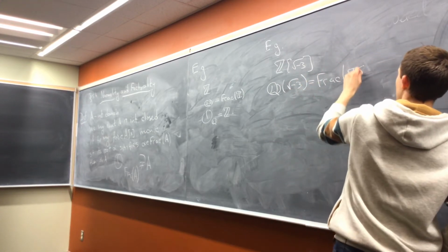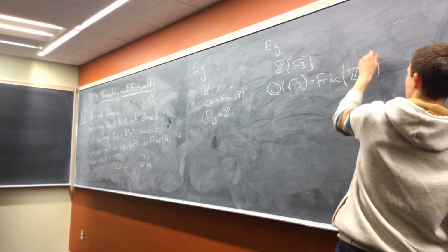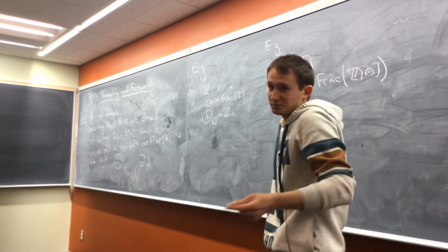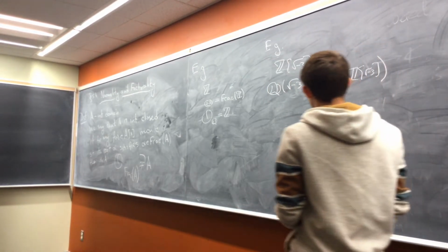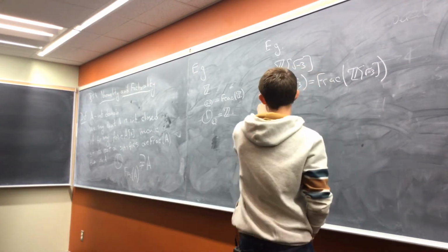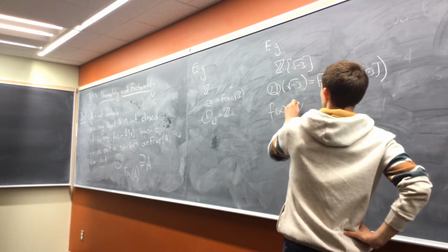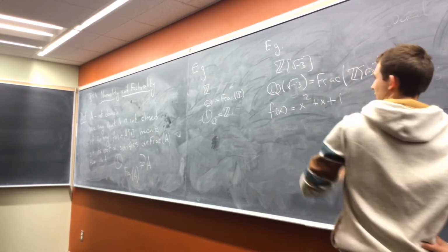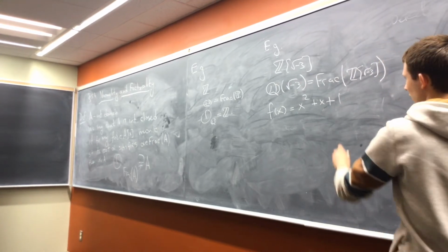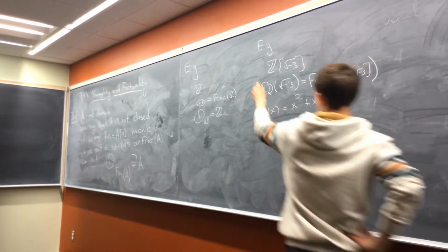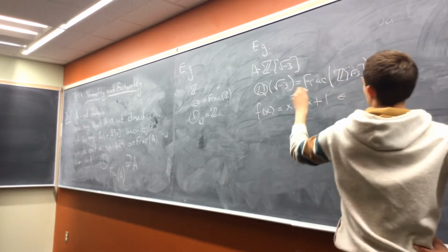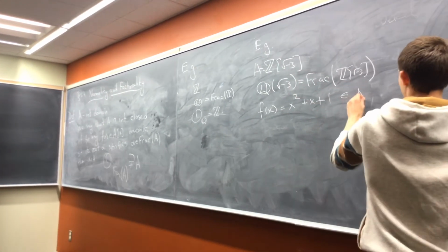Do you guys see why? Then here's what I'm going to do. I'm going to take a polynomial f of x like this, and I'm going to call the ring A. This polynomial is in fact in A[x].